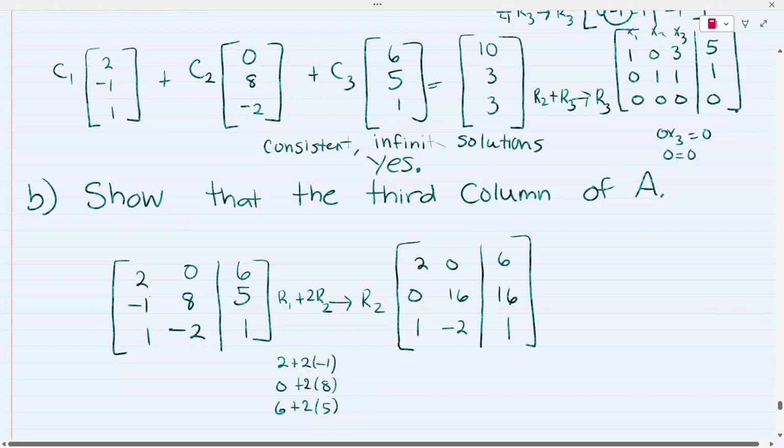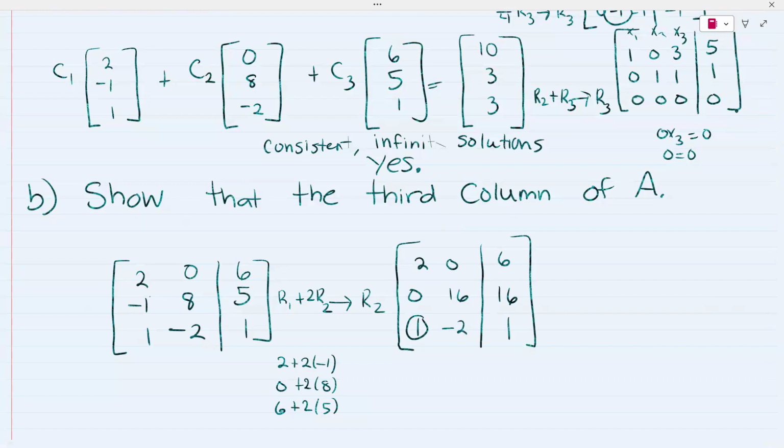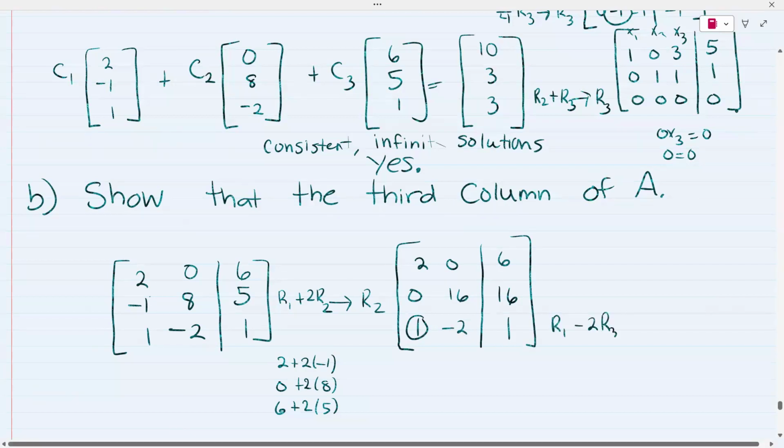Next I would get this 1 into a 0. Maybe do row 1 minus 2 times row 3, and that'll give us your new row 3. That gives you 0, 4, 4. Row 2 hasn't changed, so it's 0, 16, 16, and then 2, 0, 6.